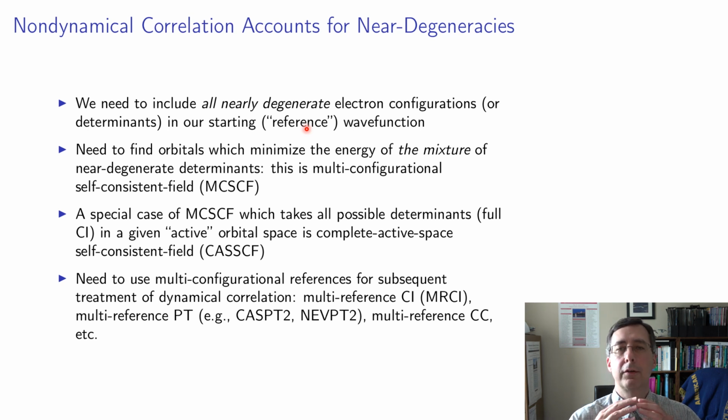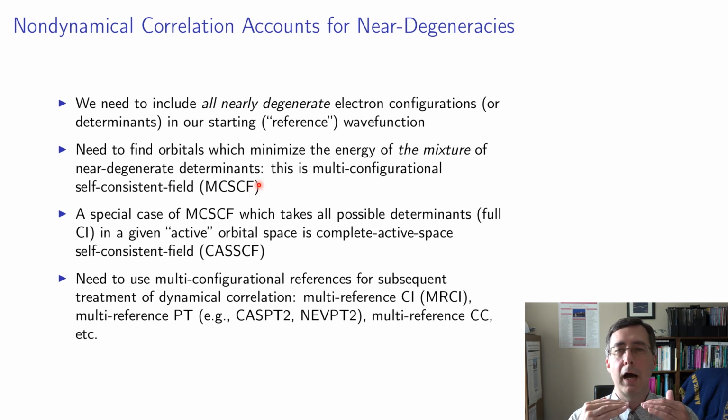Well, you could imagine a scenario where instead of doing a Hartree-Fock based on 1 Slater determinant, I could do a Hartree-Fock based on 2 or 3 or 6 or 10 or 20 Slater determinants and find the orbitals that minimize the energy of that combo of determinants. And if you do that, that's the idea behind multi-configurational self-consistent field, MCSCF.